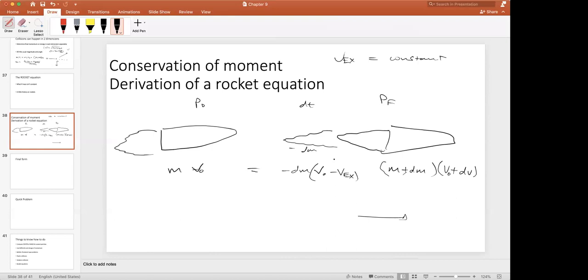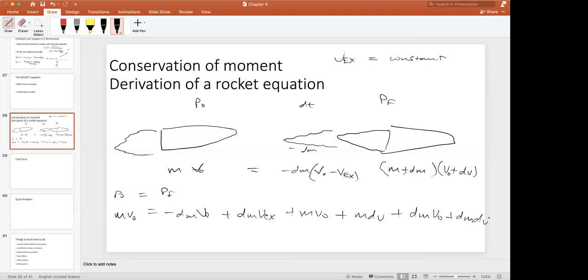Now, these two things are equal, but we need to figure out what this is. So we get m v naught is our final momentum. We have to do minus dm times v naught, minus a minus is plus dm times v exhaust. And then we have to do this quadratic here, which is m times v naught plus m times dv plus dm v naught plus dm dv.